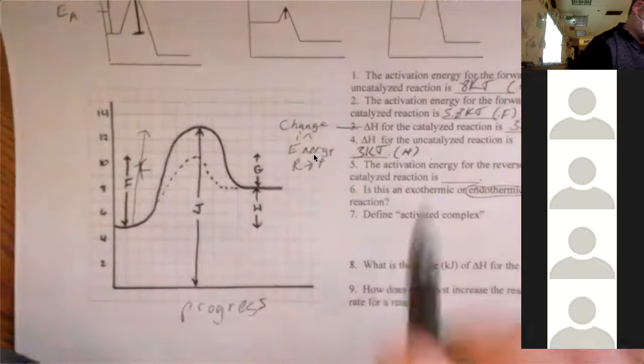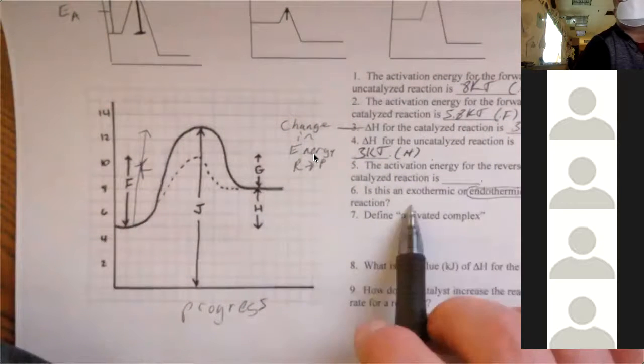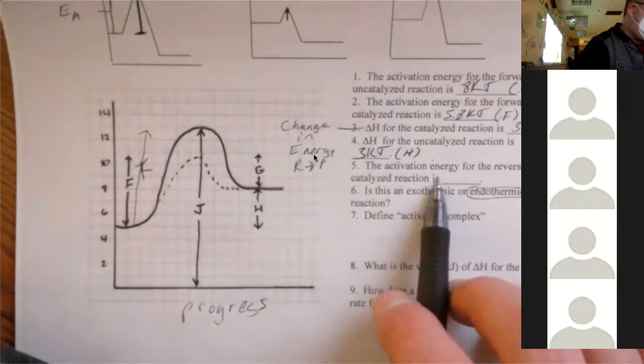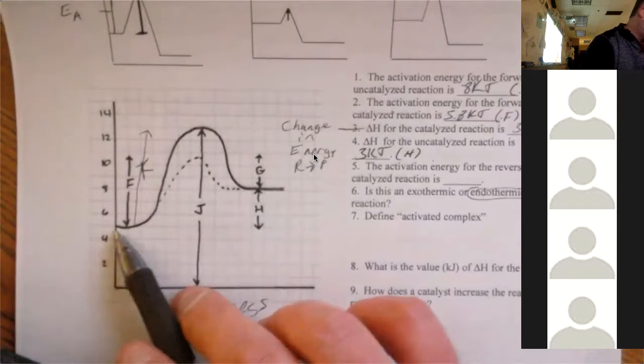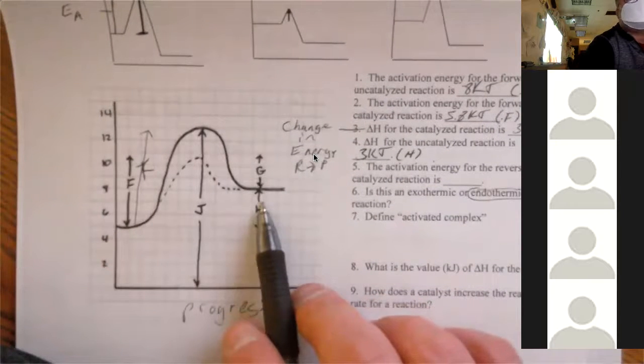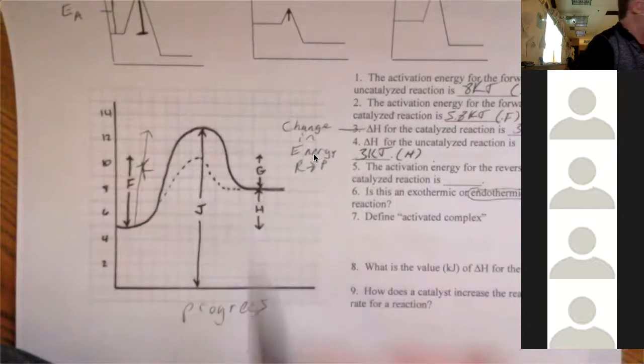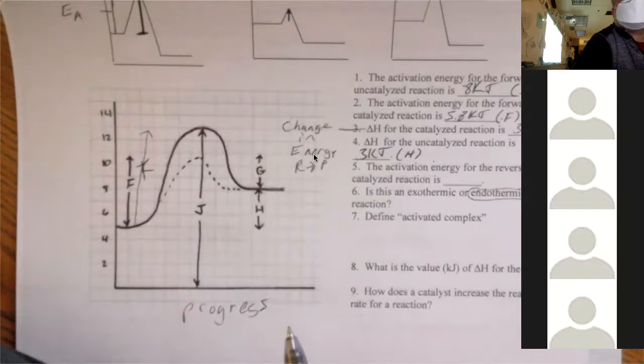The activation energy for the reverse catalyzed reaction. This is something we're not going to talk very much about. A reverse reaction, if reactants go to products, some reactions are reversible. For example, we know that we can separate water into hydrogen and oxygen through electrolysis. We also know that if we react hydrogen and oxygen together, we get water. That's a reversible reaction.